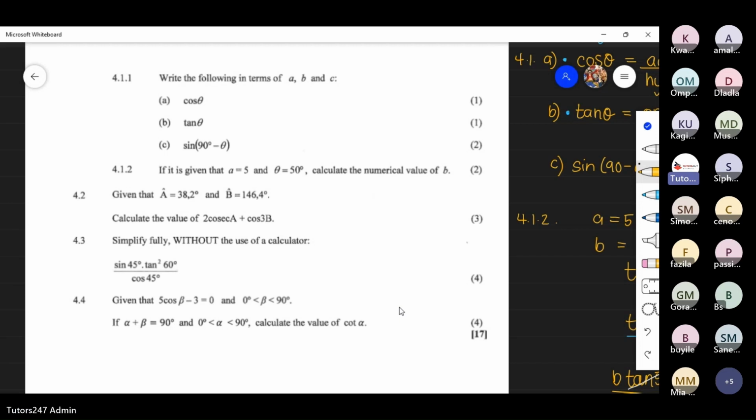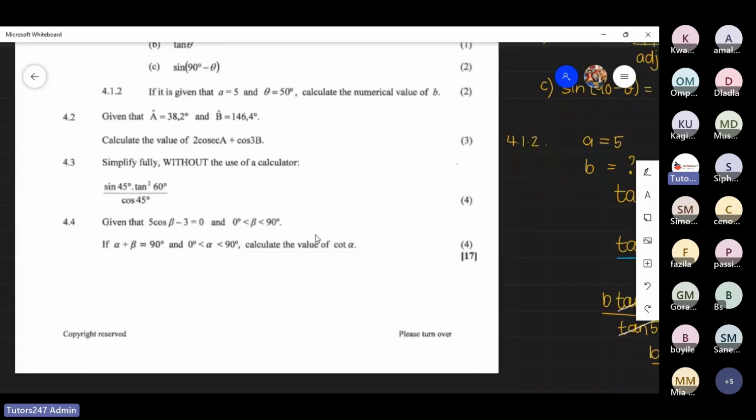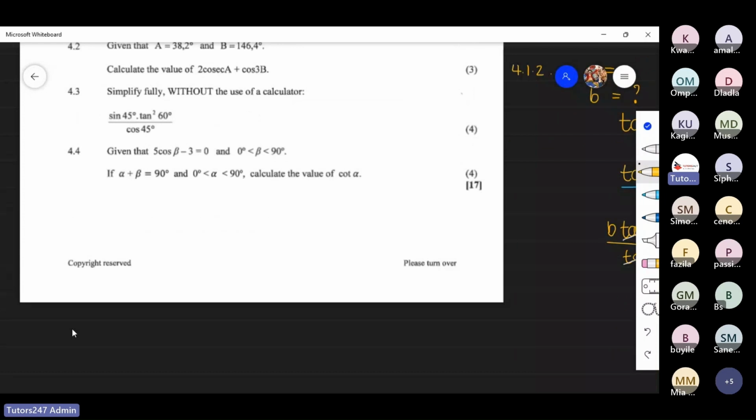So let us now try to solve this particular question. So we've got 4.2. Let us make a note of the important information that we are given. We are told that A is equal to 38.2 and B is equal to 146.4 degrees.